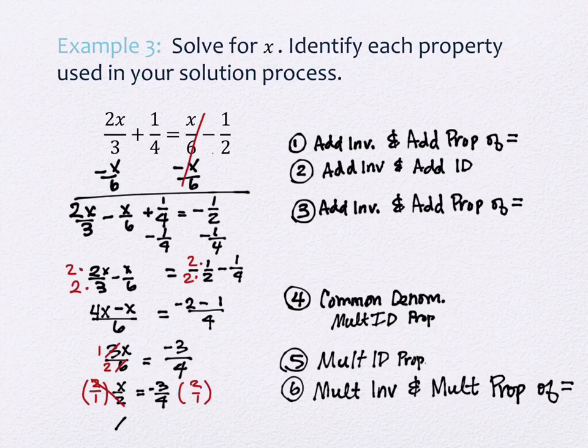And it's going to leave me with x. That's the multiplication inverse and identity properties. It's a multiplication inverse because 2 over 1 times 1 over 2 is 1, and identity because 1 times x is x, and I'm left with just x.